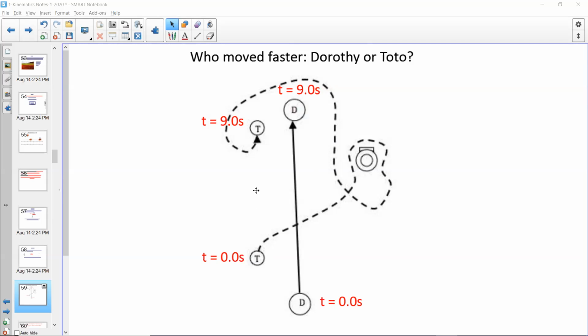Toto starts here and ends up closer to where Toto started. So in terms of displacement, Dorothy's displacement is much longer in 9 seconds, and Toto's displacement is shorter in 9 seconds. So if we're thinking of distance versus time, Toto's faster. If we're thinking about displacement versus time, Dorothy's faster.